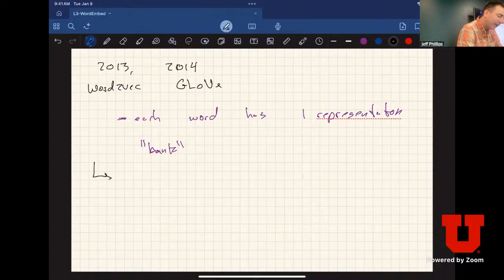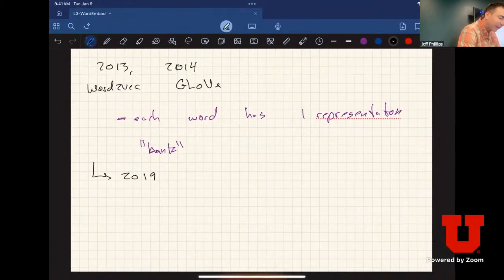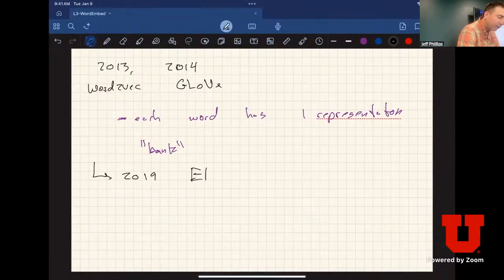And then around 2019, do you remember, this approach called ELMo came out of the University of Washington and the Allen Institute for AI.